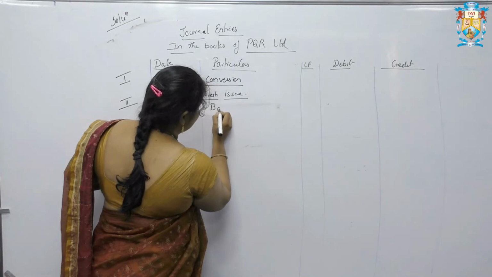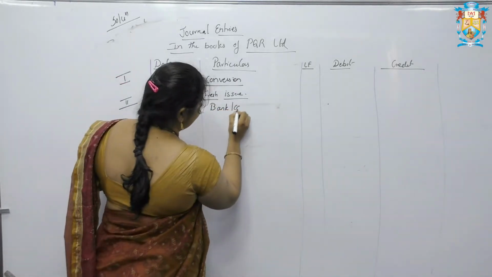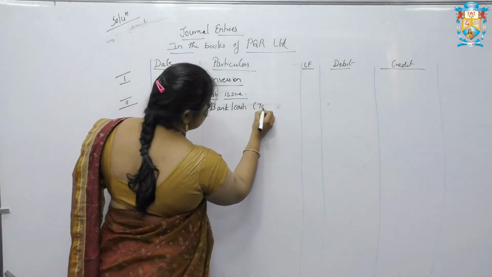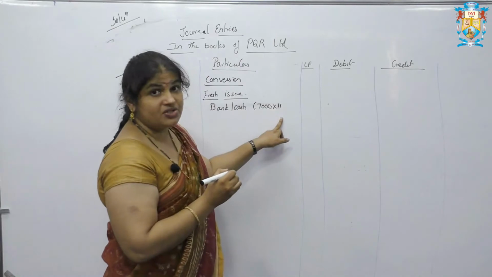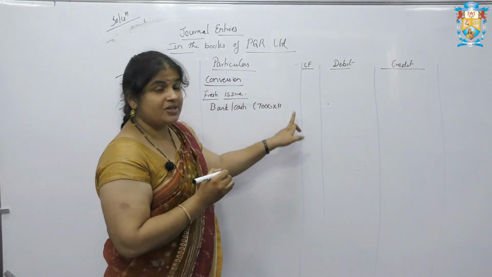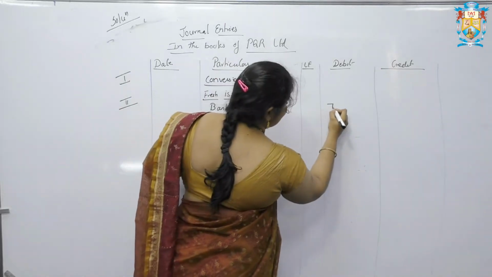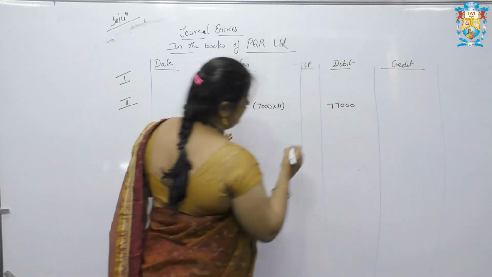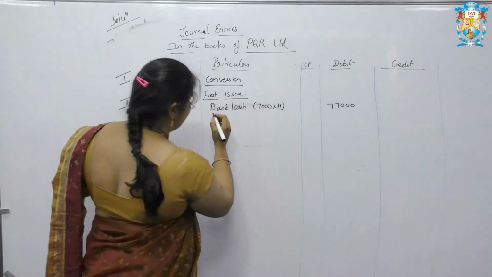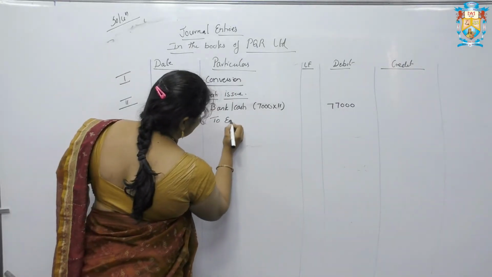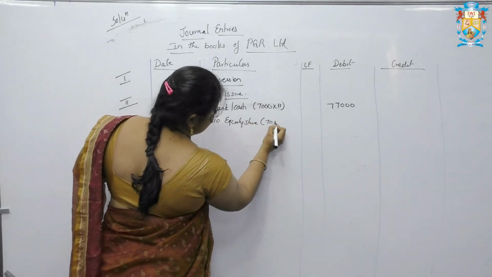So what is coming in? Cash is coming in. So I'm writing cash or bank account. 7,000 shares are issued. So here I'm writing 11 rupees because 10 is the face value, 1 rupee is the premium, total amount is 11 rupees. So total money collected is 77,000. Now what is going out from the organization? Equity share capital is going. 7,000 shares are issued.